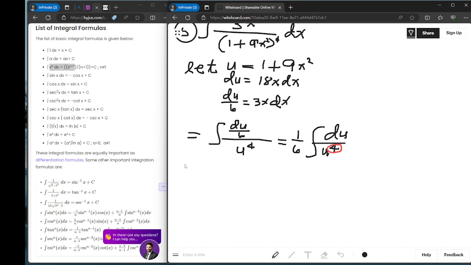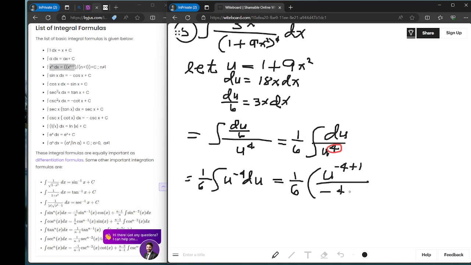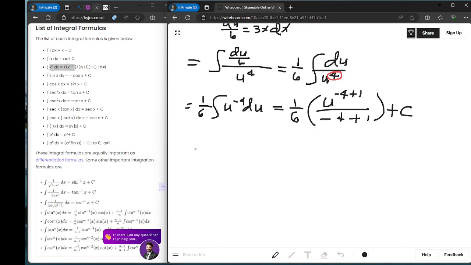So that would become 1 over 6 times the integral of u to the negative 4 du. Or that is 1 over 6 times u to the negative 4 plus 1 over negative 4 plus 1, then plus c.